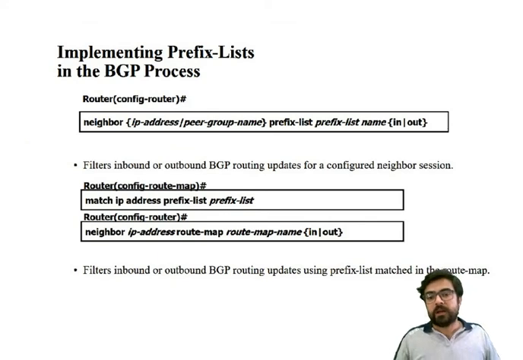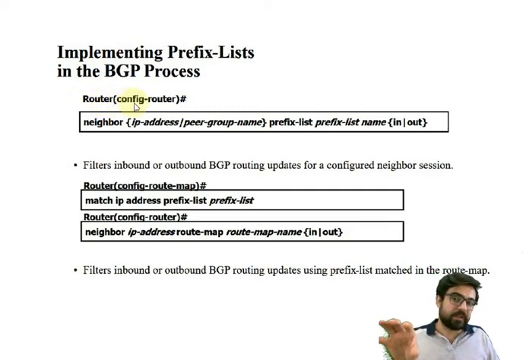So there are two ways for that. You can look for the prefix list. Look here. After having the command, in this way you add the prefix list to the router BGP.